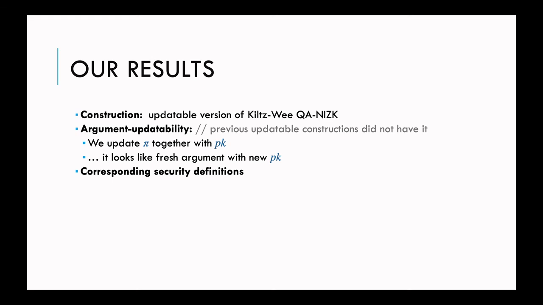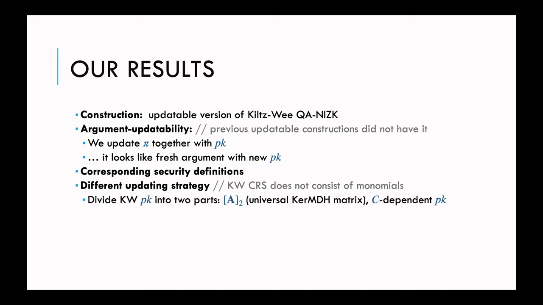We also give corresponding security definitions, and we have a very different updating strategy, because Groth's VC CRS does not consist of monomials, so we cannot do a multiplicative update. We have to do something else. Very briefly, we divide the public key into two parts.